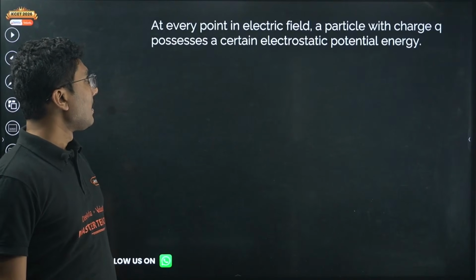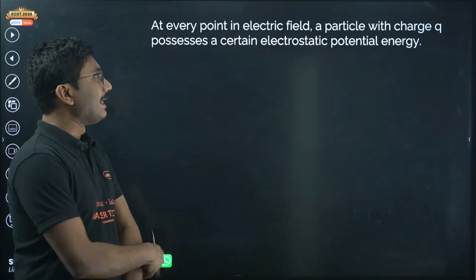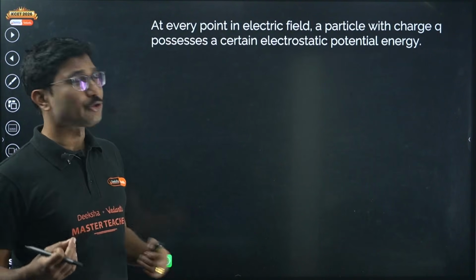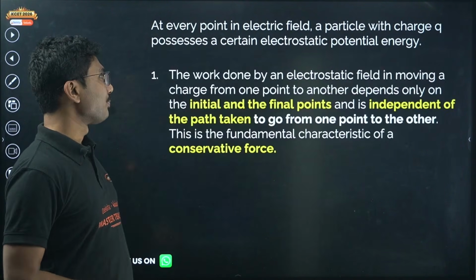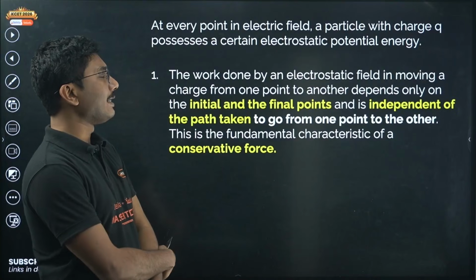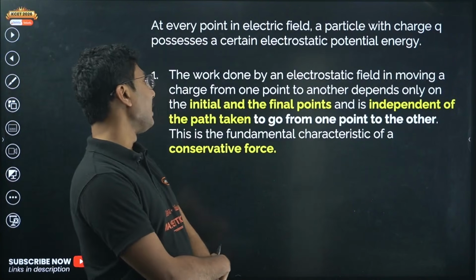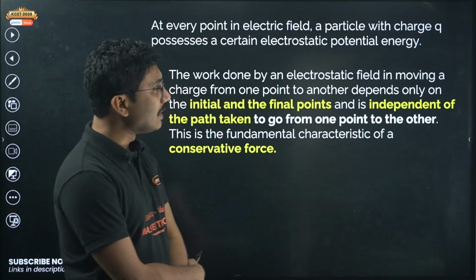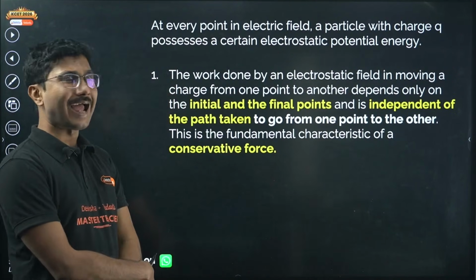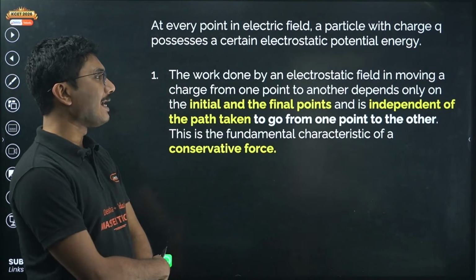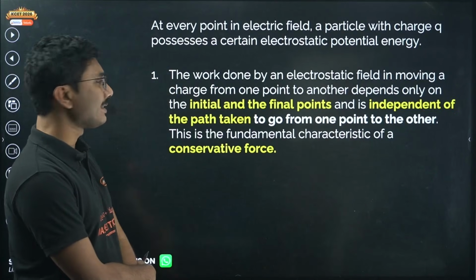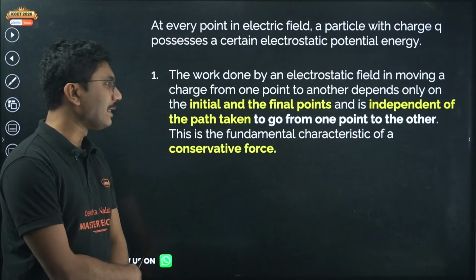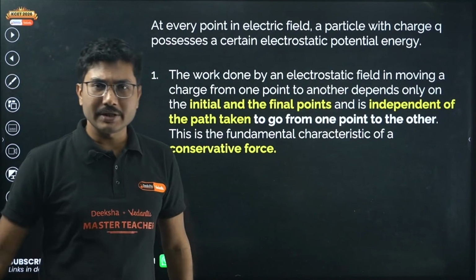Now, at every point in an electric field, a particle with charge Q possesses a certain electrostatic potential energy. The work done by an electrostatic field in moving a charge from one point to another depends only on the initial and the final points and is independent of the path taken to go from one point to the other. This is the fundamental characteristic of a conservative force.